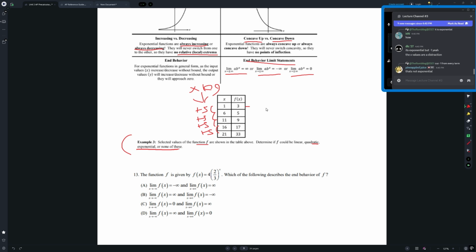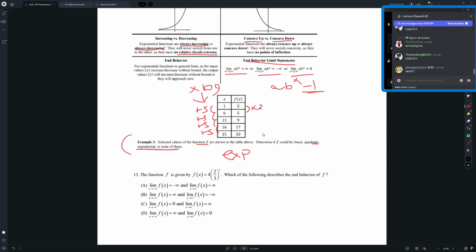The reason that works is because your formula could be a of b to the x minus 1, where a is the y-intercept. Which means now if you do that y-intercept transition, it would multiply by 2 perfectly. Which means it would be exponential.